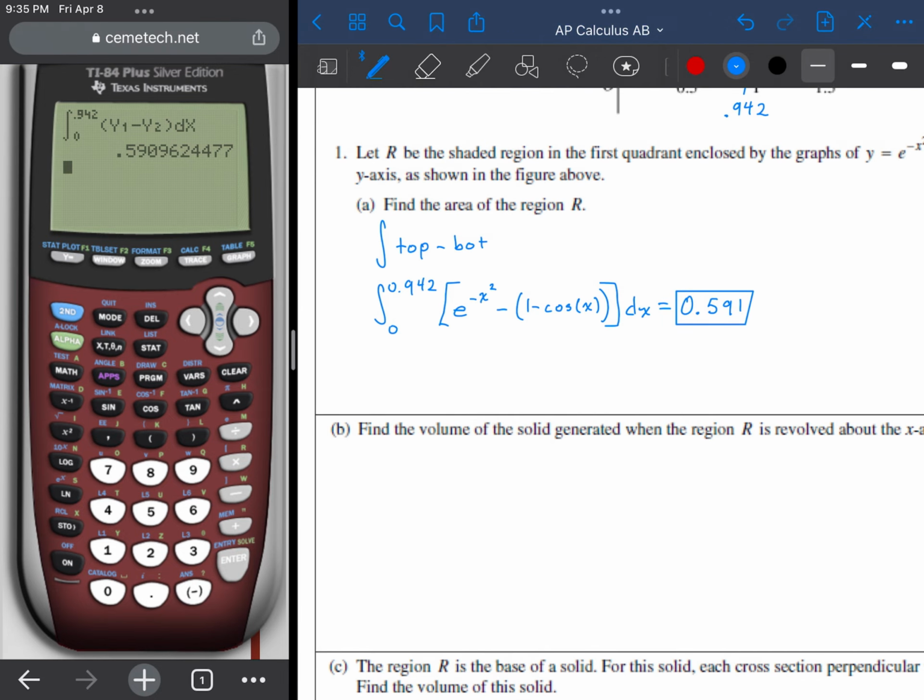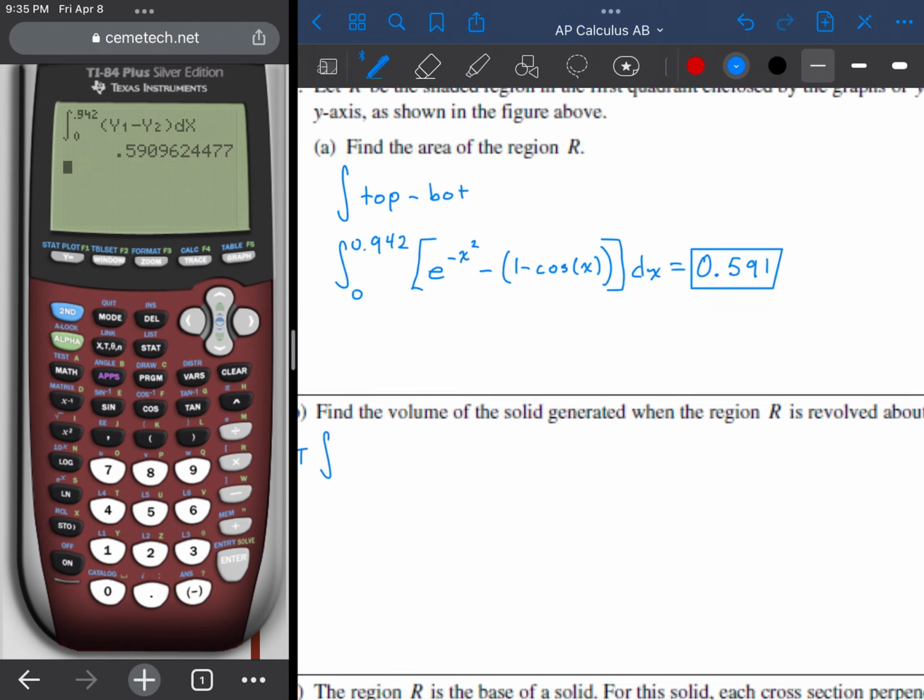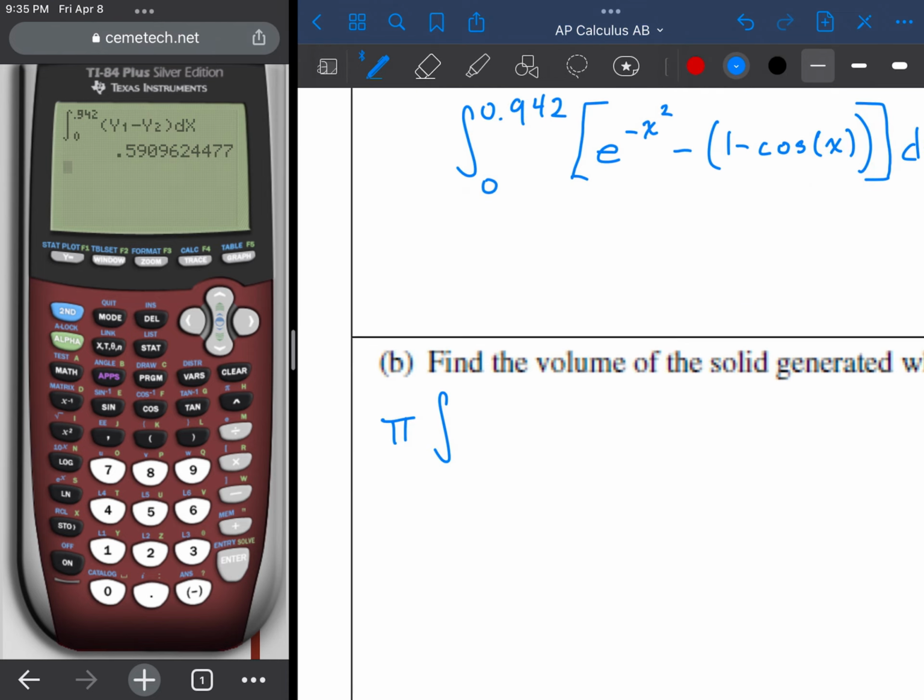So first thing, I'm going to do pi, and I'm going to give the speed sheet definition here. The general idea for any solid of revolution is pi times outer minus whatever you're revolving around, squared, minus inner minus whatever you're revolving around, quantity squared.